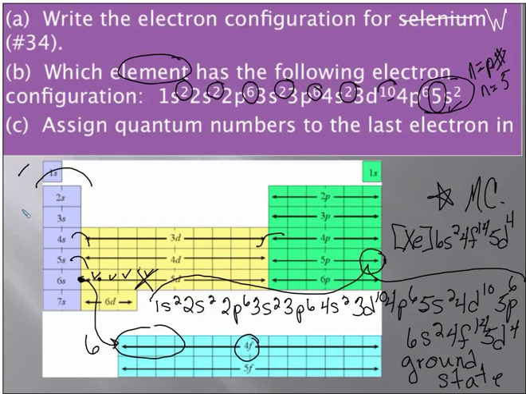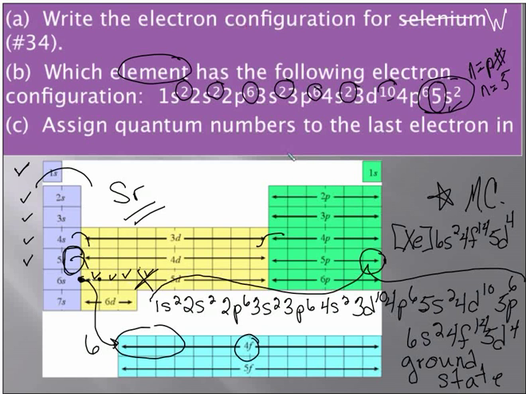I'd count in a normal periodic table, 1, 2, 3, 4, 5, and I went in 2, so 5s2 represents this element here, and if you look on your periodic table, that happens to be strontium. So that's how you can find that.